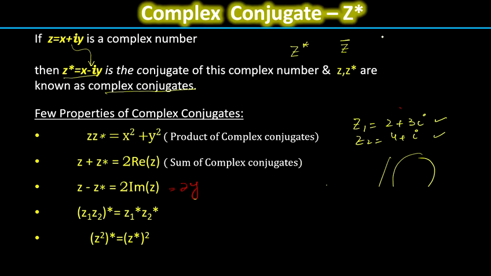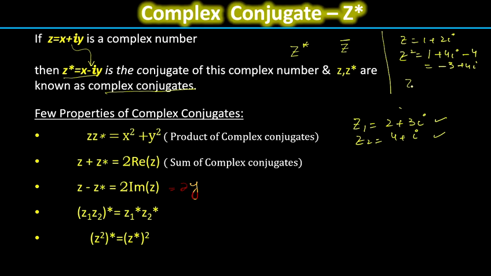Suppose a simple complex number, 1 plus 2 iota. Its square value is 1 plus 4 iota, and iota square is minus 1 into 2 square 4, minus 4. I am getting minus 3 plus 4 iota. The conjugate of this complex number would be minus 3 minus 4 iota.